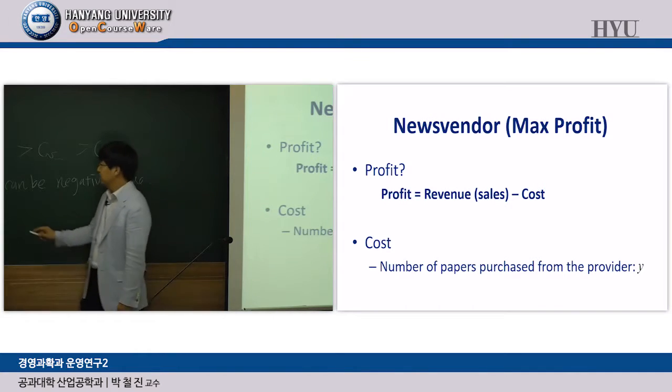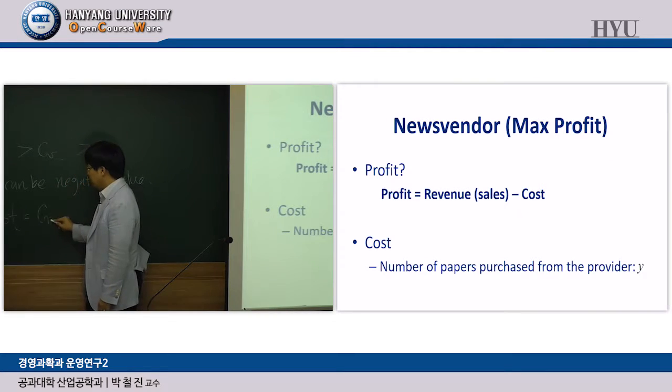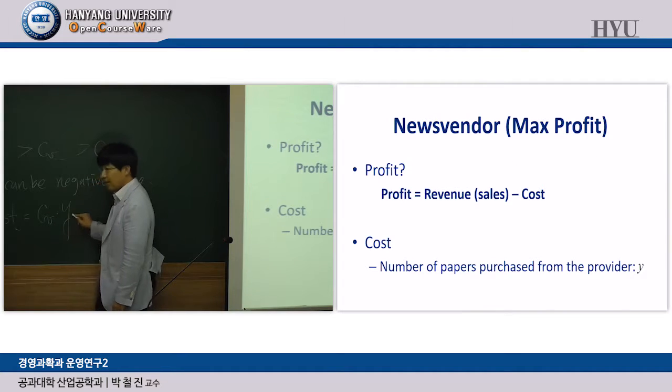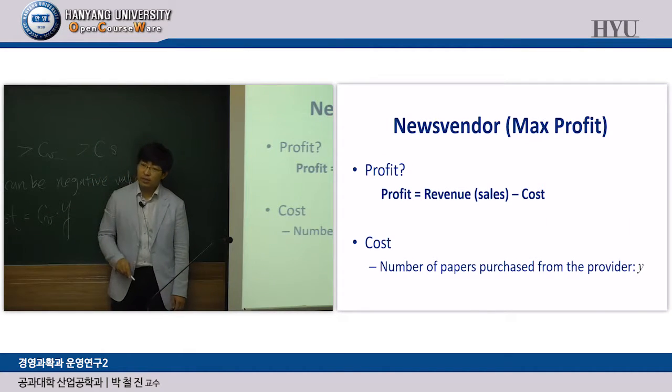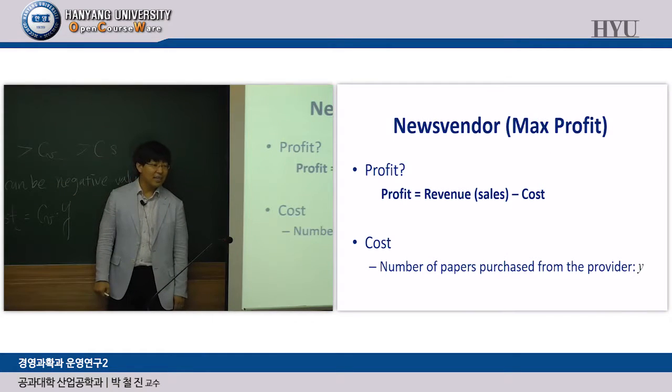Cost might be C sub V times Y. Okay. Actually, if this C sub S is less than 0, then another cost can occur, right?